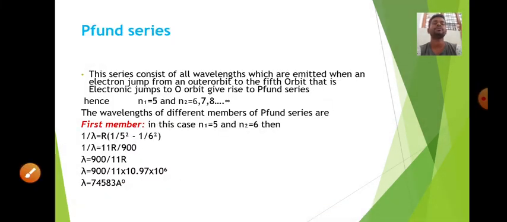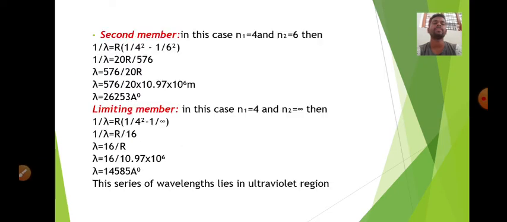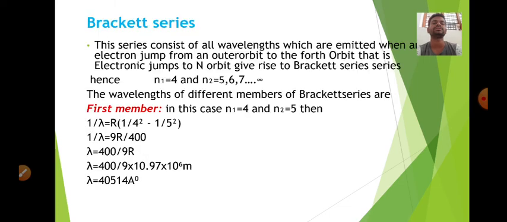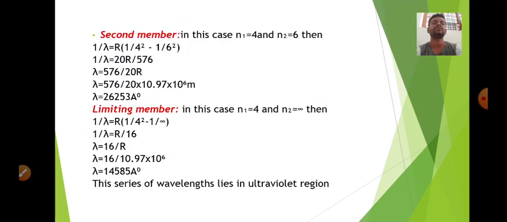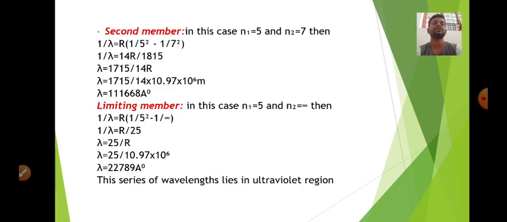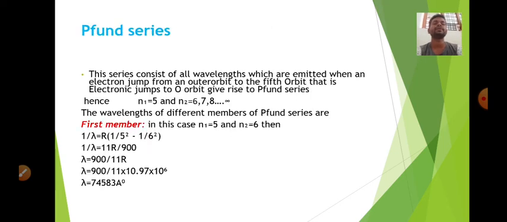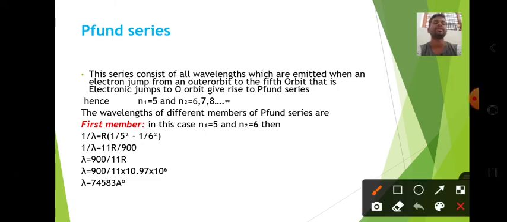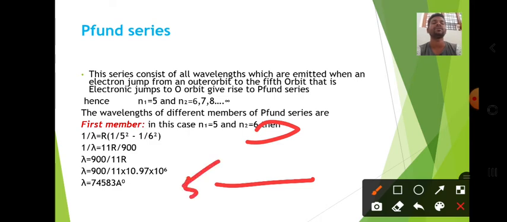Next, after Brackett series, now the Pfund series. And see here in the Pfund series, the electron jump takes place from outer orbits to the ending point, the fifth orbit.